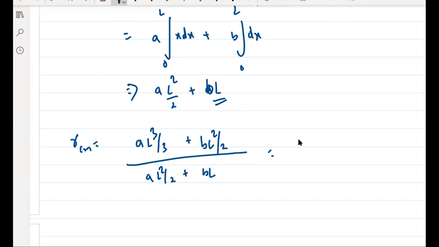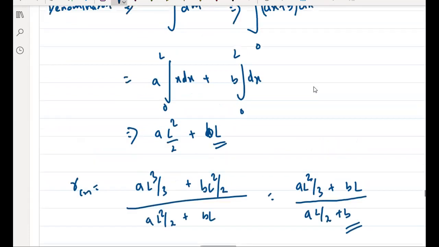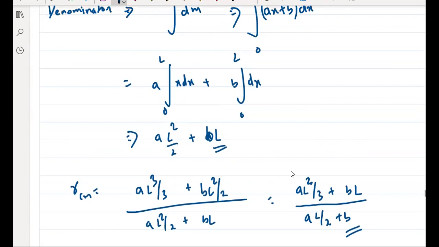If you take L common and cut it, you will get a L square by 3 plus bL, divided by a L by 2 plus b. So this is the formula of center of mass. Anyone have any doubt in this? If I give the values of L, a and b, it will be easy for you to solve. That's why I'm talking about the general formula.